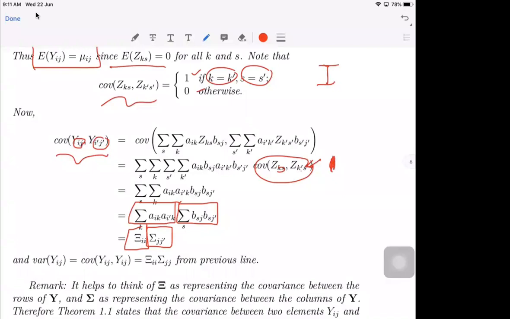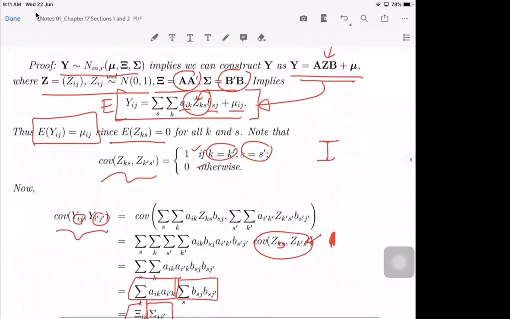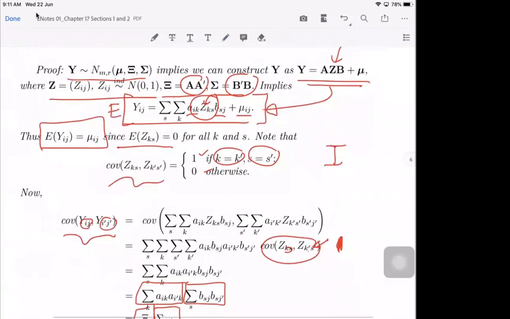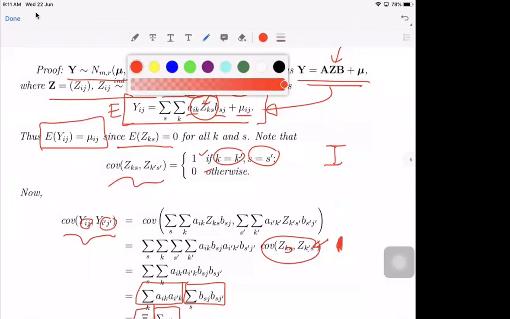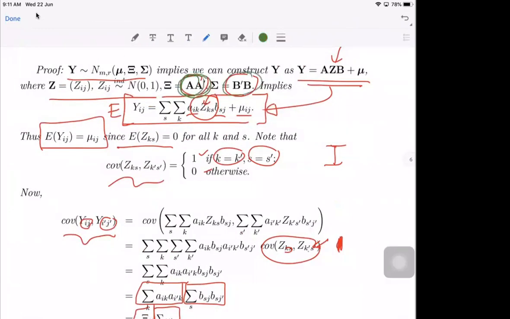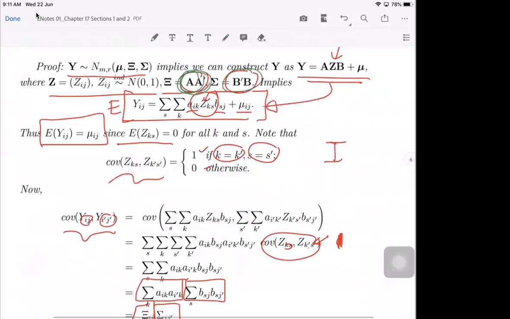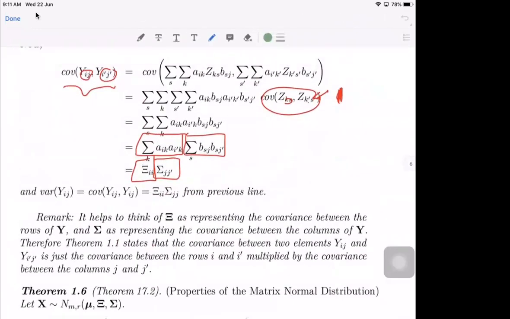By our definition, psi is AA prime and sigma is B prime B. So this is AA prime. This is B prime B. So it's in terms of psi and sigma. You have psi and sigma there. So actually, this is just a reversal of what we did earlier. No? So this is a proof by construction.